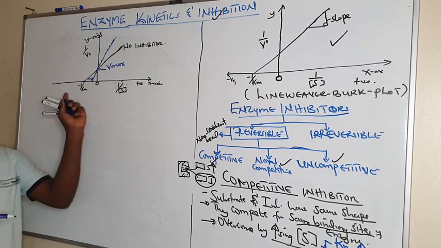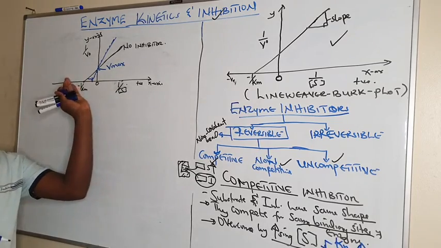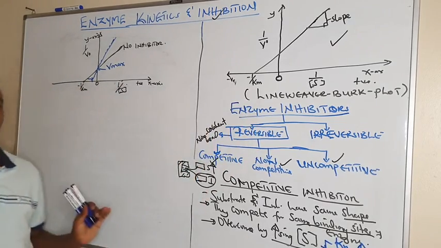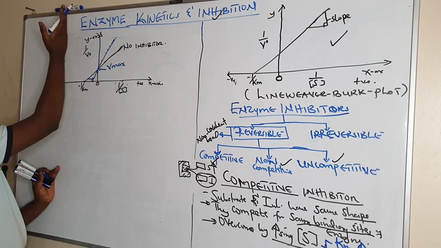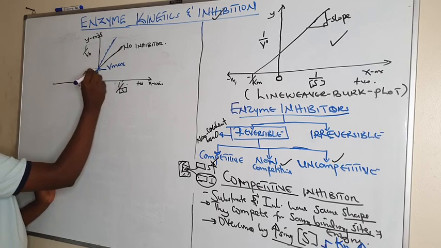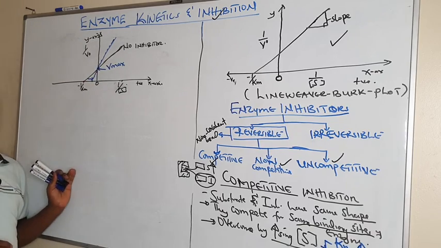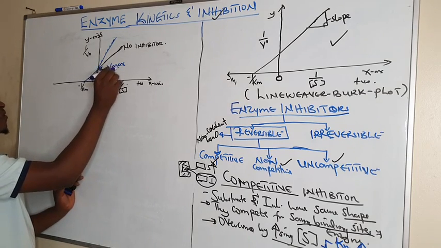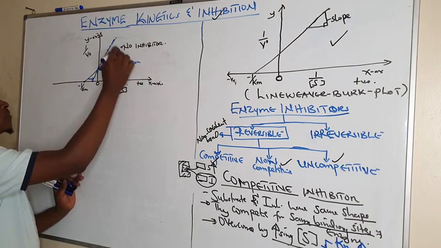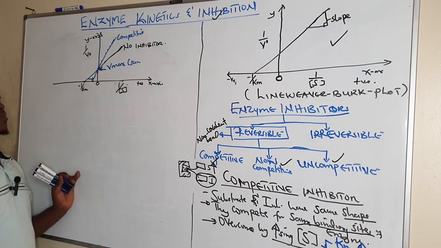It is increasing because we are moving from negative to positive side. But the good news is that they are all crossing the y-axis at the same point, meaning they have the same Vmax. So Vmax is the same in the presence of competitive inhibitor and with no inhibitor.